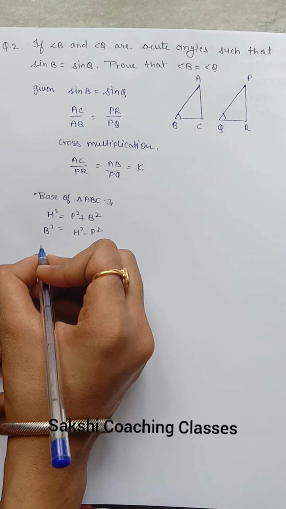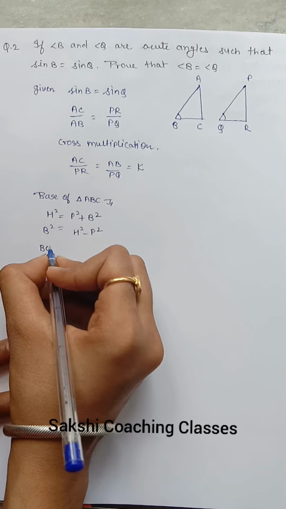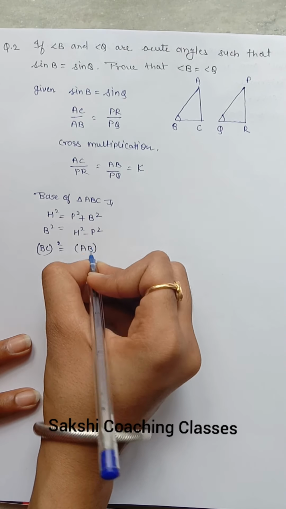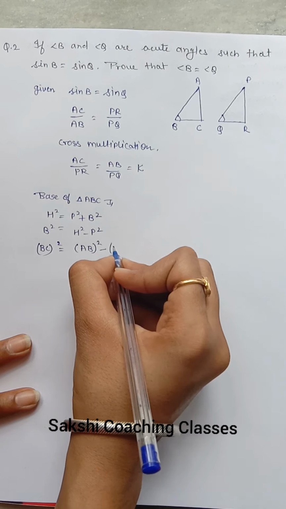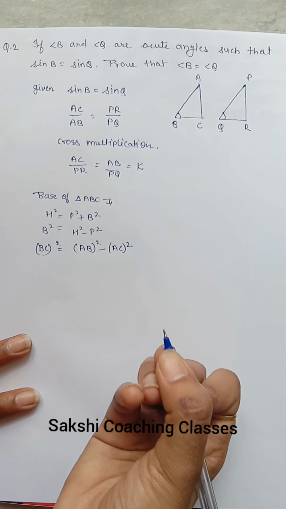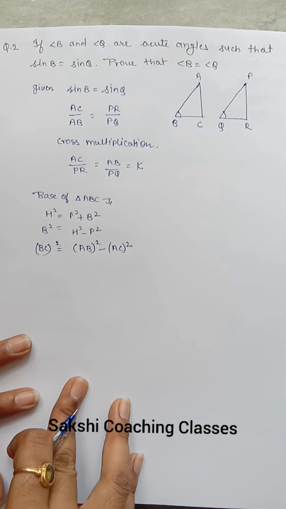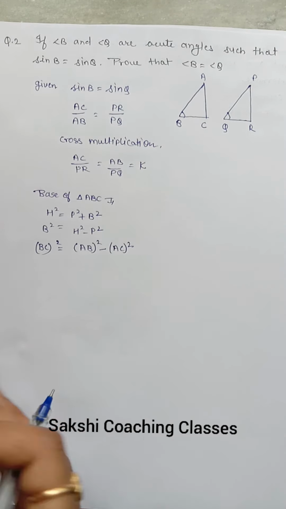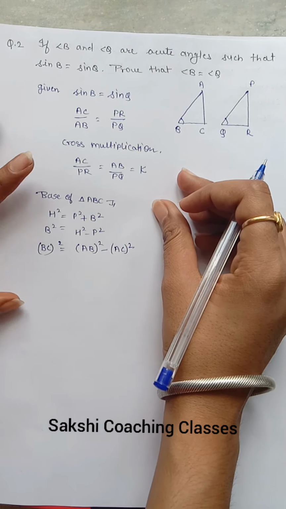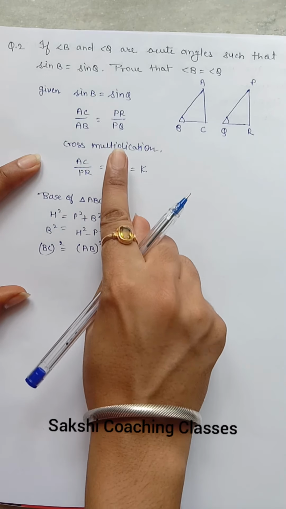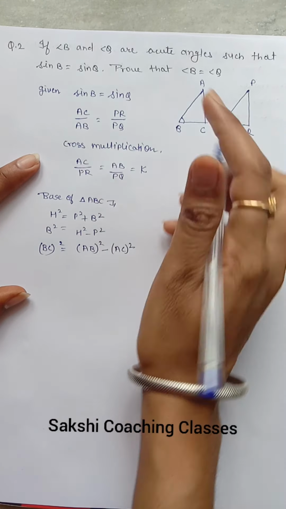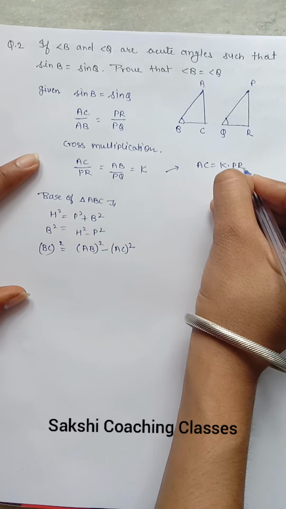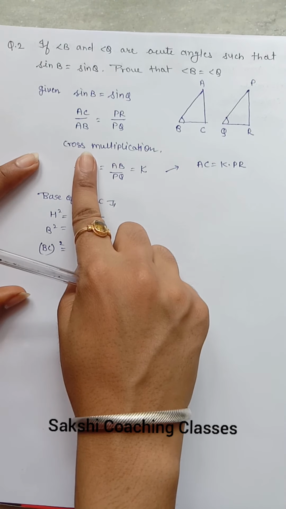Base for triangle ABC, BC is equal to the square root of AB square minus AC square. But for that we have to find the values of AB and AC. So here what can we say? AC is equal to K dot PR, and AB is equal to K dot PQ.